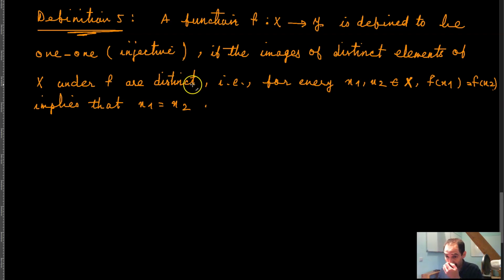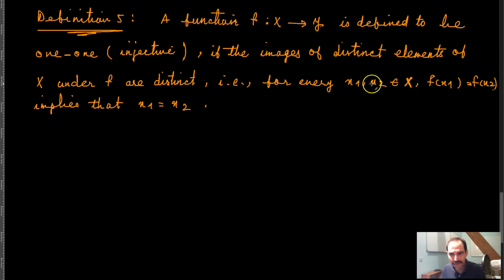As an illustration for this part, what we can point out are the functions f1 and f4 in the illustration that we just had. Okay, so we said that a function f from x to y is defined to be 1-1 or injective if the images of distinct elements of x under f are distinct.